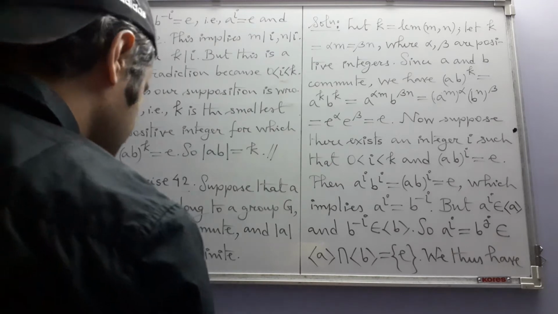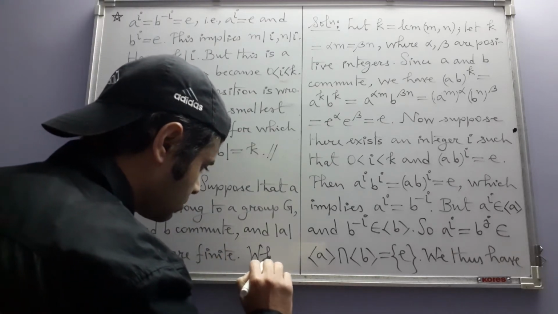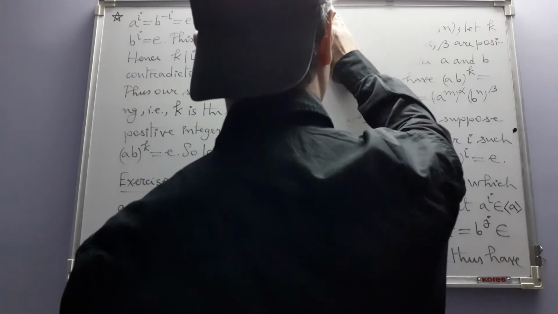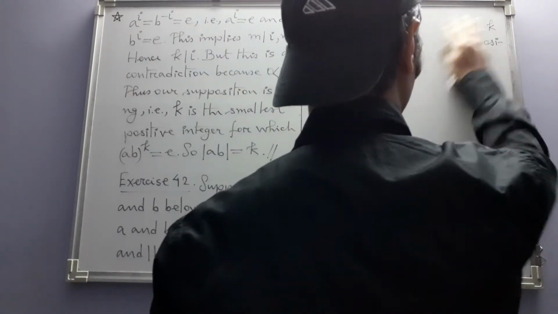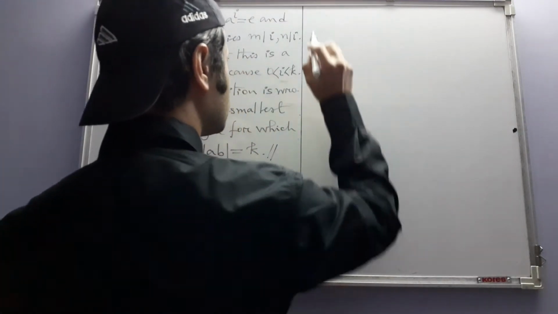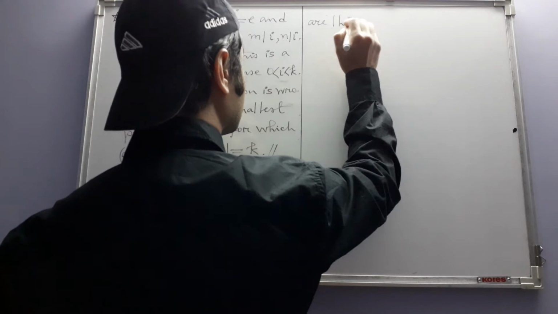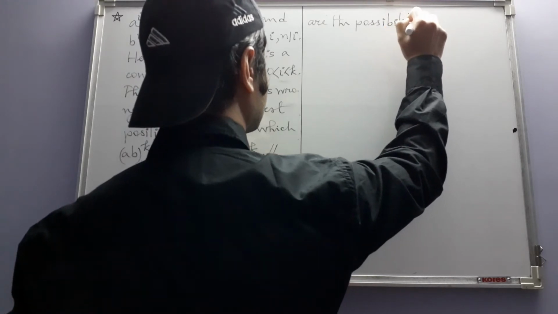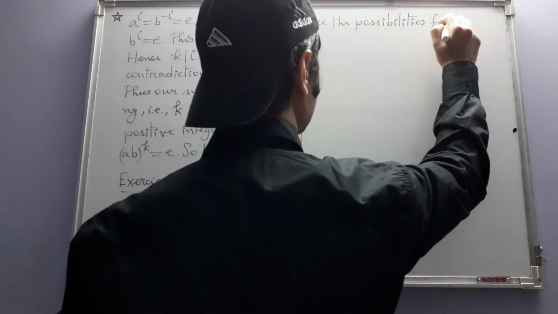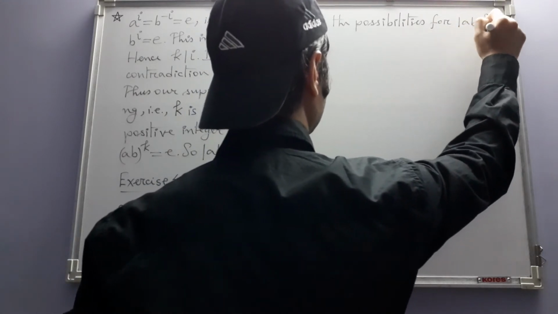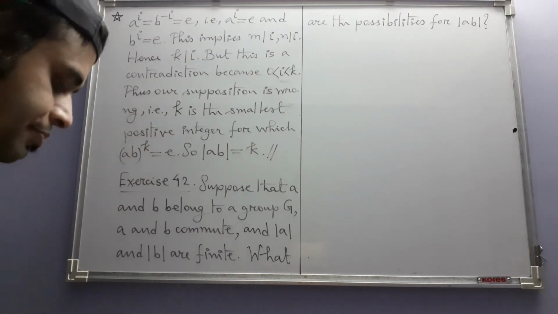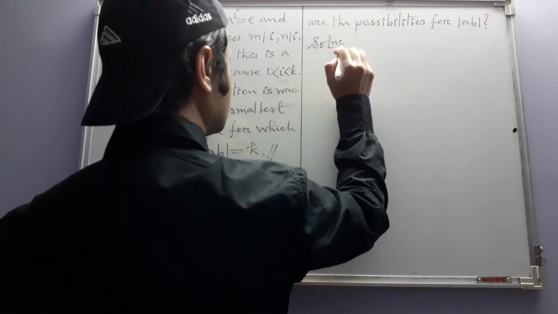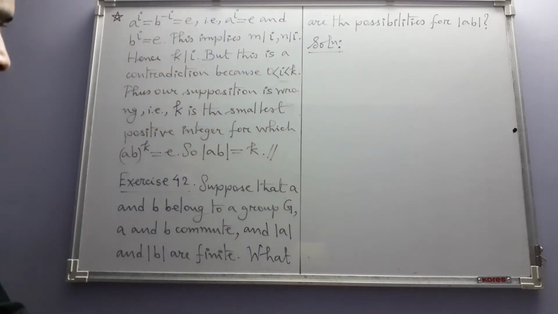What are the possibilities for the order of AB?